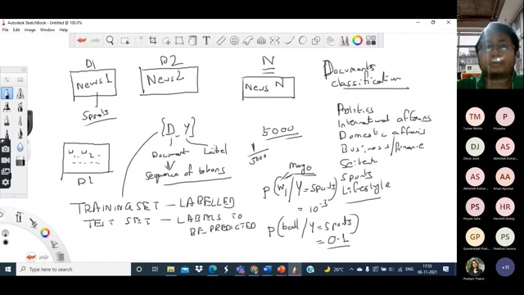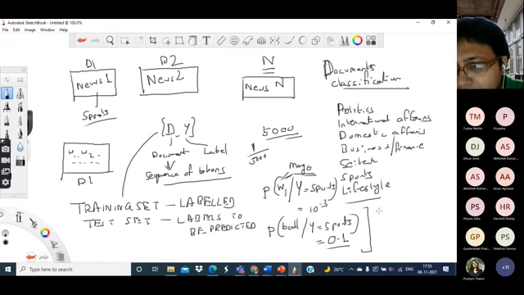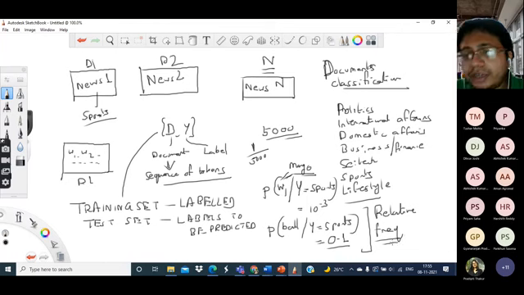So how do I measure these probabilities? The answer is that these probabilities are nothing but relative frequencies. What do I mean by relative frequency? You simply take any of the labels; in this case, these are the different possible labels.